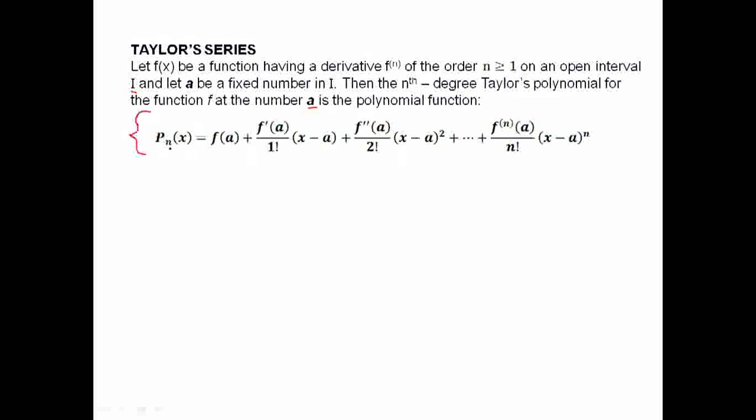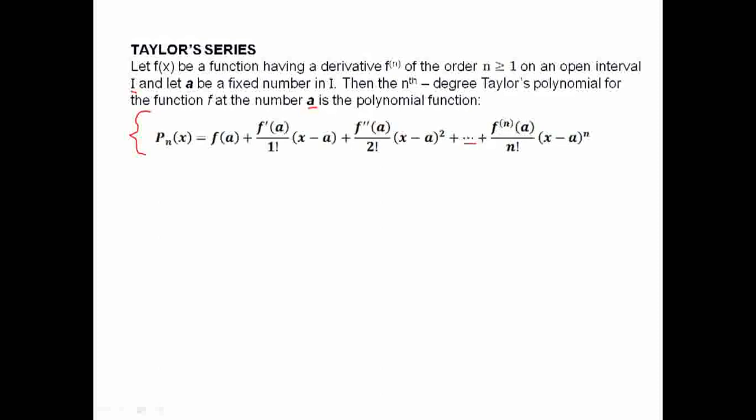So P_n(x) is equal to f(a) plus f prime of a over 1 factorial times (x minus a), plus f double prime of a over 2 factorial times (x minus a) squared, plus, and there are some terms in between, indicated by the 3 dots, then plus f superscript n.